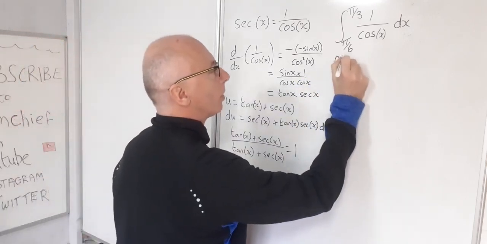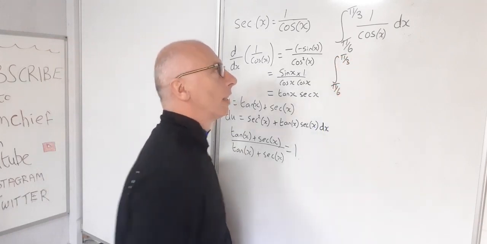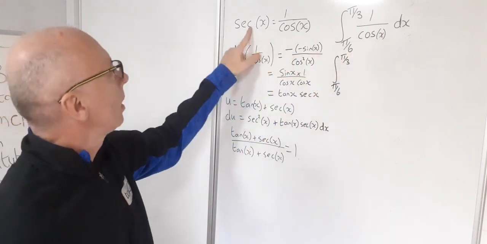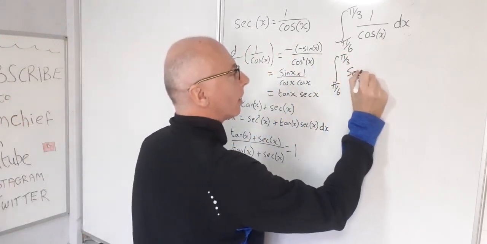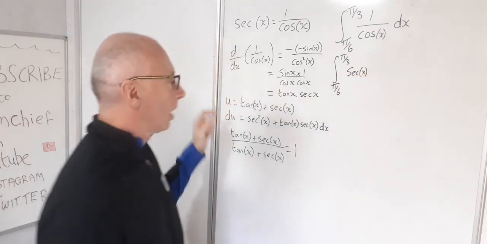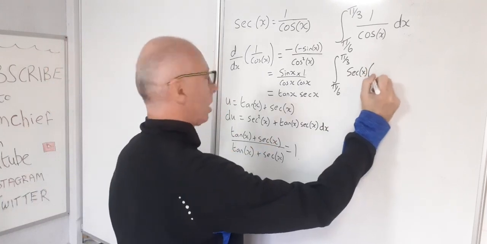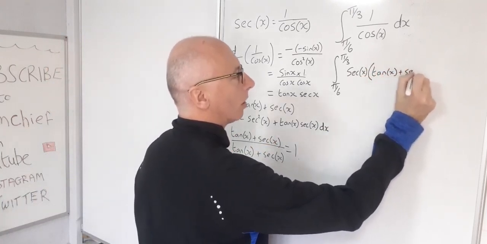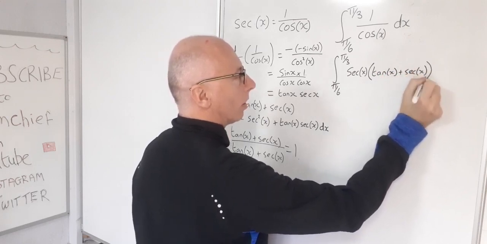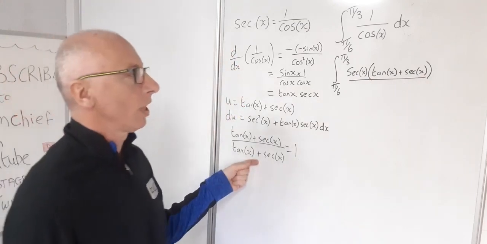So we're still in the x world, we haven't gone into the u world just yet. So my cosine of x is my secant of x, so we can go straight into that. So I'll put the brackets round. So now I'm going to put this on my numerator, and then divide that all again by the same function in my denominator.